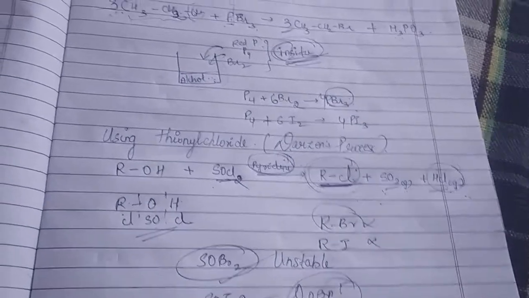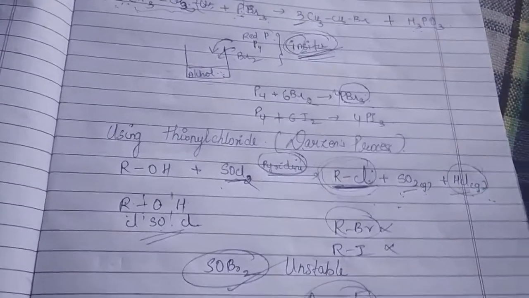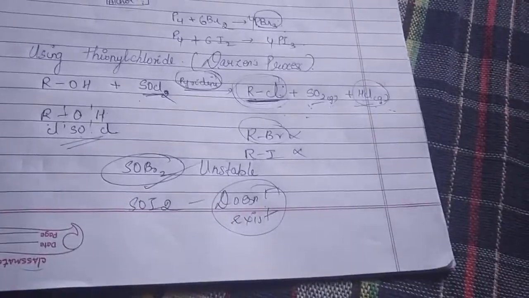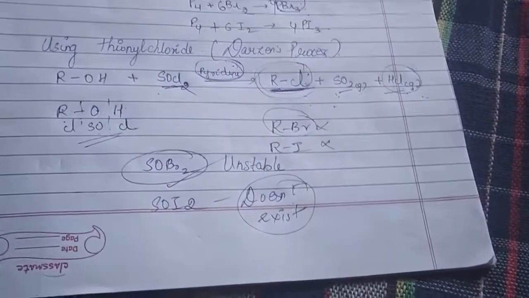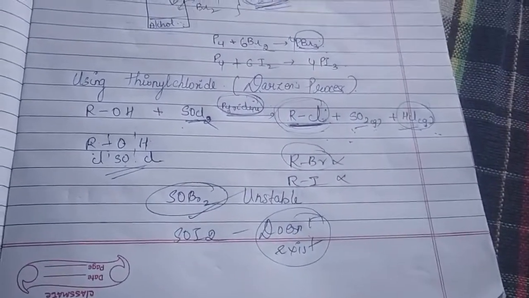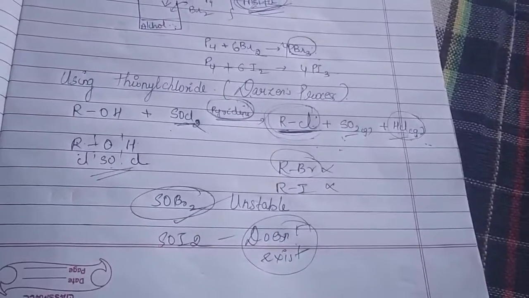So these were certain things which we have learned today for the preparation of alkyl halides: from the Groves process, phosphorus halides, and more particularly alkyl chlorides using Darzen's process. Very much important and noteworthy, which has to be kept in your mind.